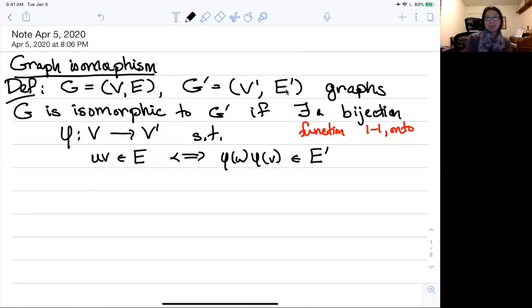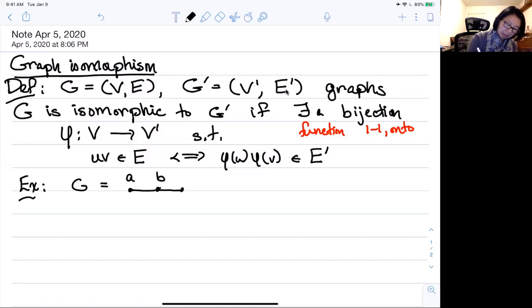So let's look at some little examples, and then we'll go back to the one we started with, okay? So for example, let's suppose that G is the graph that looks like A, B, C, and G prime is the graph that looks like U, V, W. Are these two graphs isomorphic?